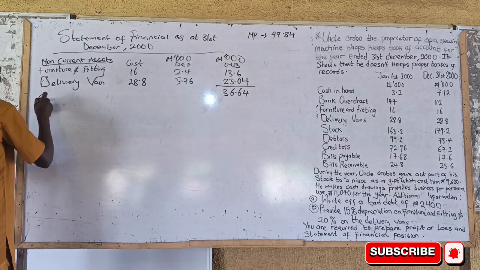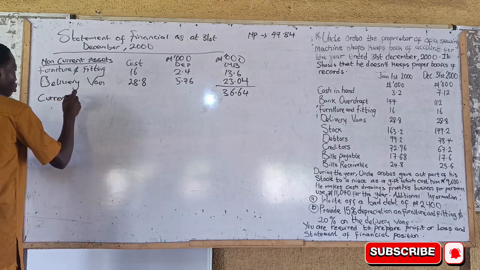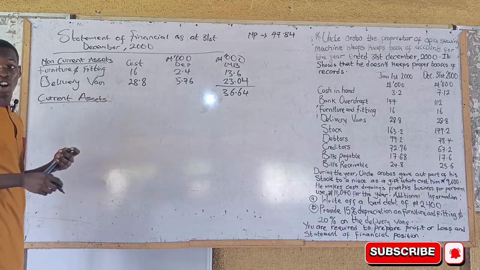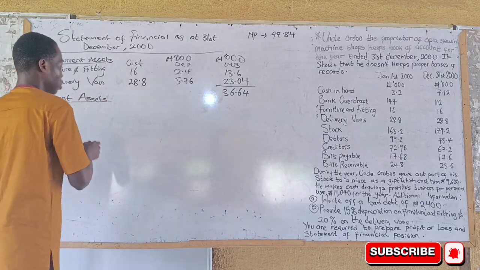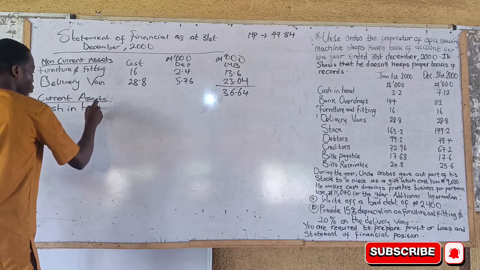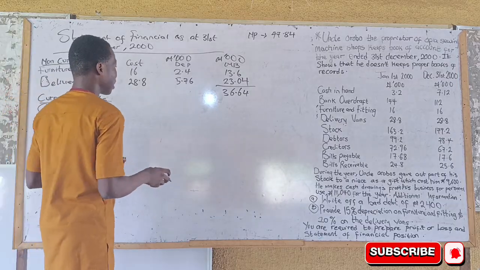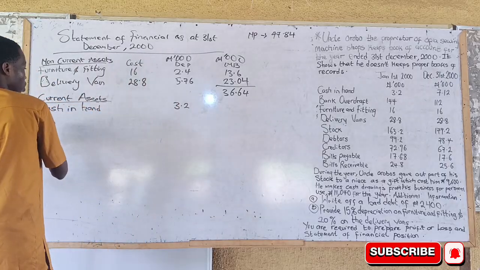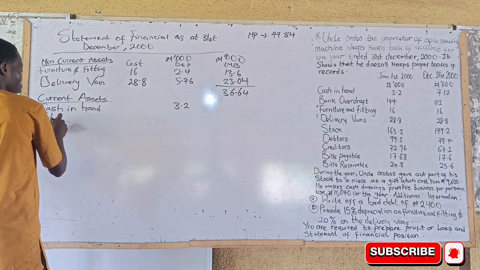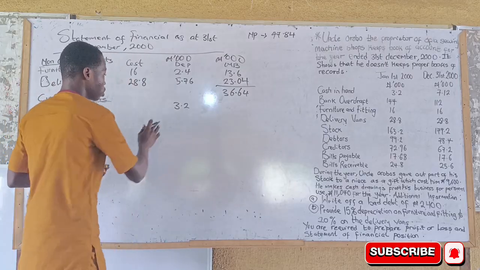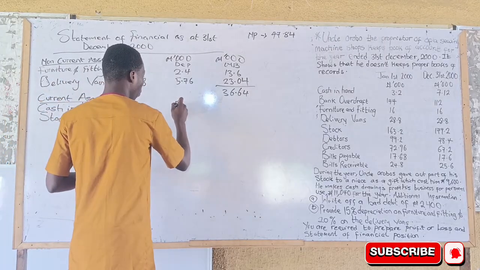Now let's move to our current assets. Starting with cash in hand, that is 3.2. Then we have stock. For the stock, so the cash in hand at the end is 7.12.